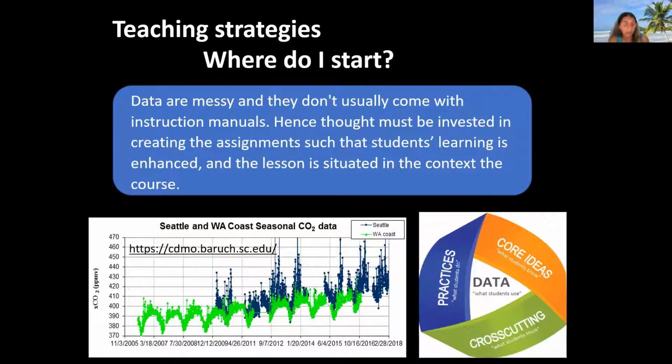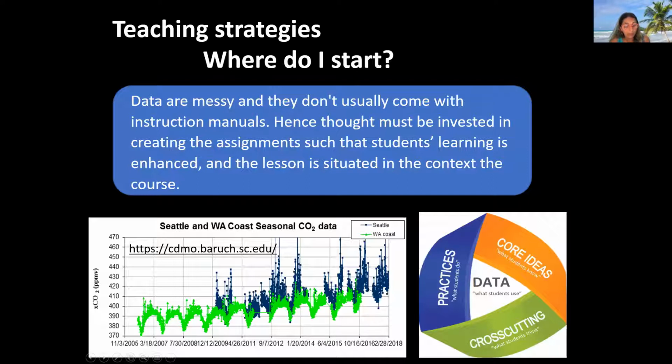And also it's important that the specific lesson or unit will be well situated within the context of the course. For example, if you can see here, these are data sets, and you can see there's a lot of information here. There are short time scale fluctuations, there's long time scale changes, there's breaks in the data, there's all these spikes, and then there's two data sets that are somewhat different from each other that could be compared.